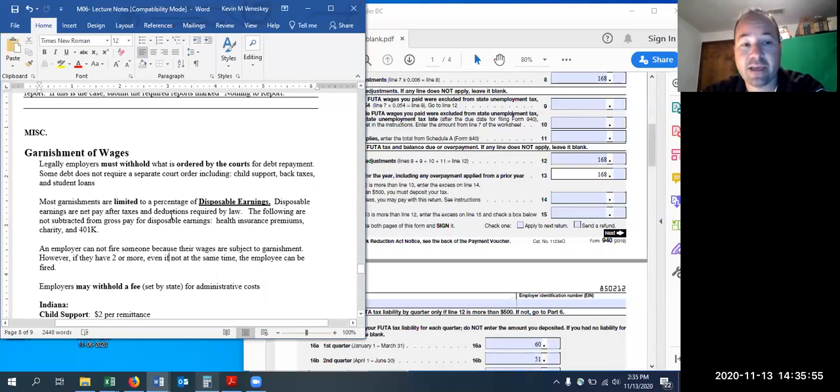All right, so legally, employers have to withhold when there's an order by the courts. However, there are some debts that do not require a court order. If there's child support, the person doesn't have to go to court and get a court order to get garnishments. They basically go to court and say, hey, this person hasn't paid me.